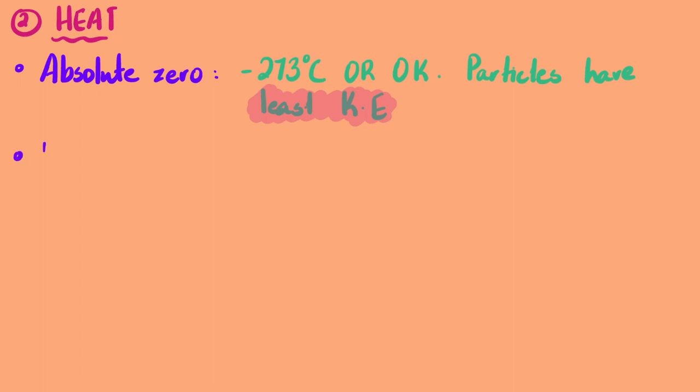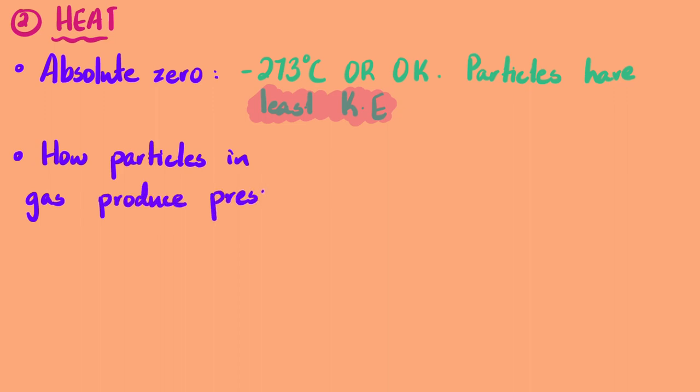Another question which is asked really often is this, that how do particles, for example in a gas, produce pressure? Again, a lot of people for some reason mess this up, even though it's not really as difficult as you might think it is.